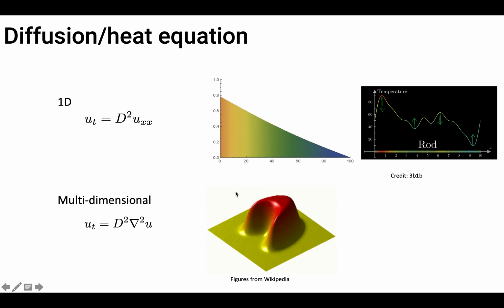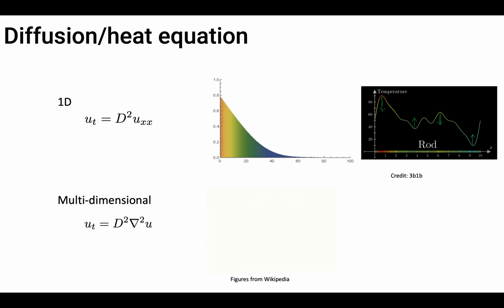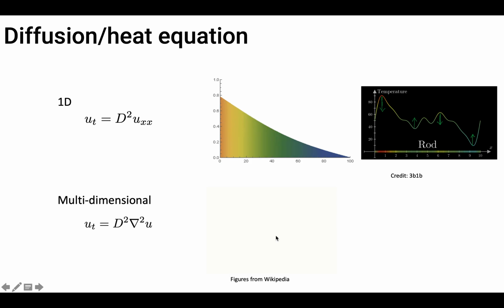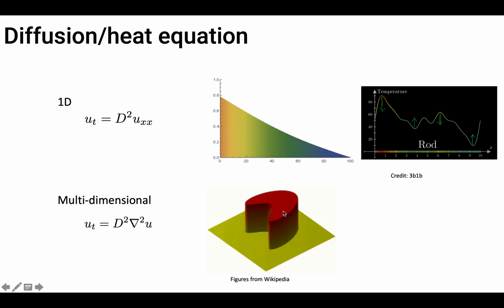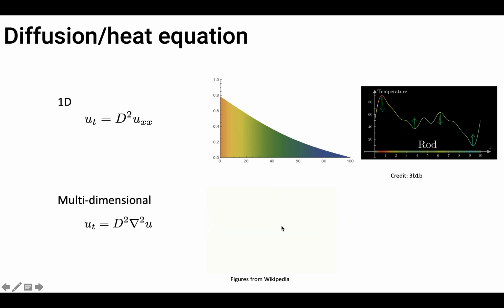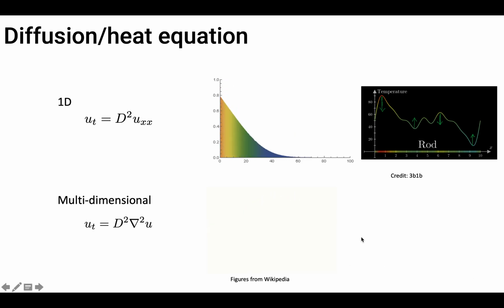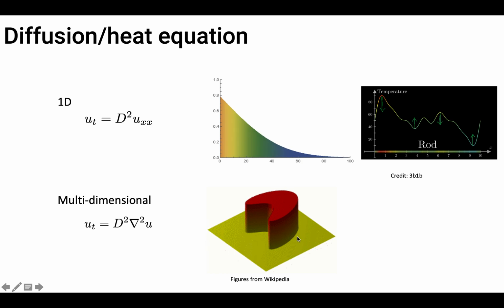The initial state is as specified here, which has a uniform hot hoof-shaped region, the red region, surrounded by a uniform cold region, which is the yellow region. So here is the initial condition, and we can see the diffusion process. As time passes, the heat diffuses into the cold region.